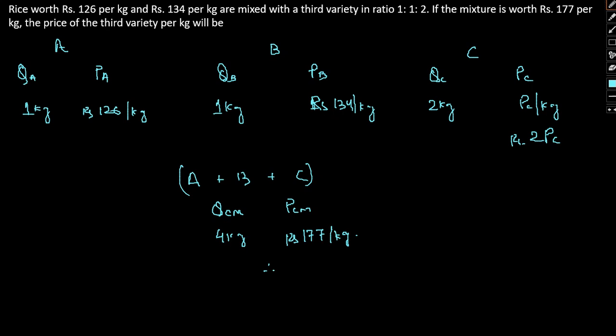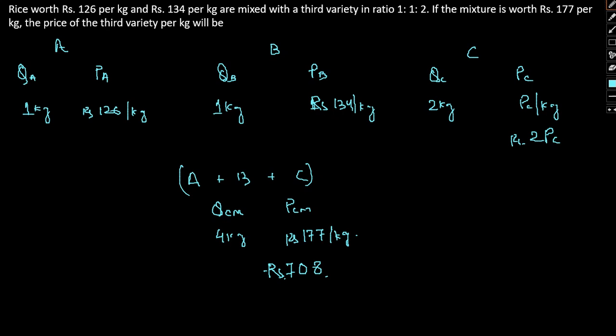Therefore, the total price will be 177 into 4, that is 708 rupees.